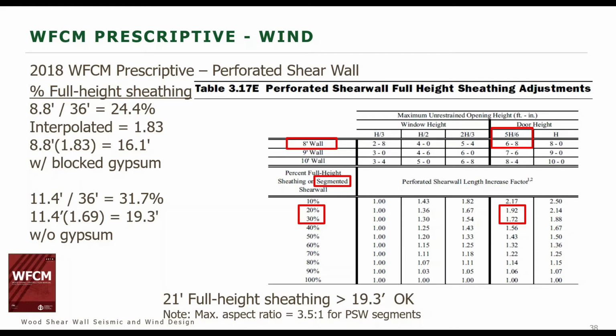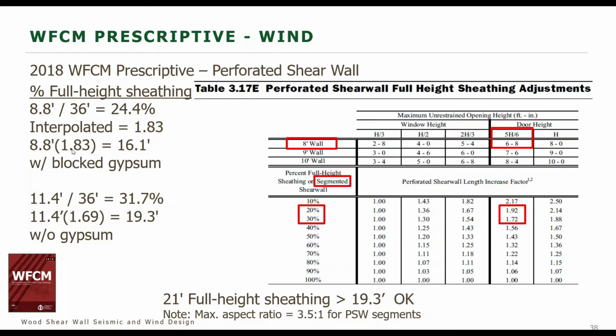So dividing that by the total wall length, which is 36 feet, we see that that is 24.4% of the actual wall length. So using this table here, table 317E, we interpolate and we see that our perforated shear wall length increase factor is 1.83.